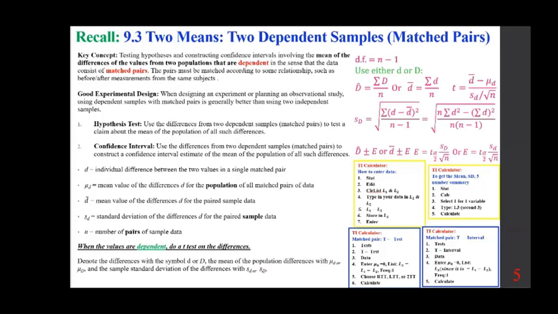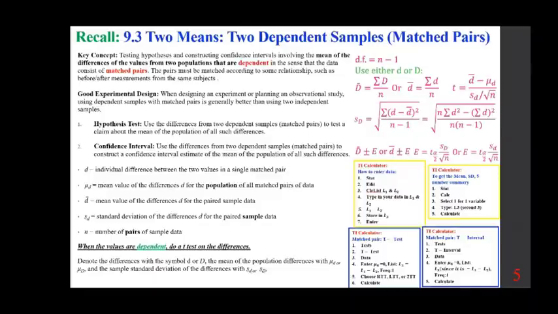And then we need to calculate the D bar, or X bar, and S, or S sub D. Then we do exactly the same test that we did before. So in short, if you look at the bottom, it says when the values are dependent, do a t-test on the differences.